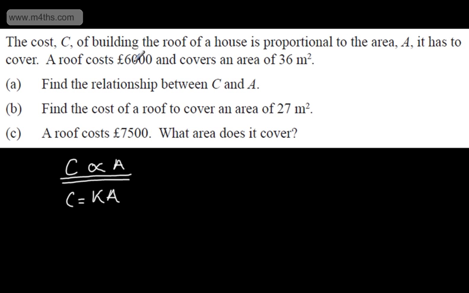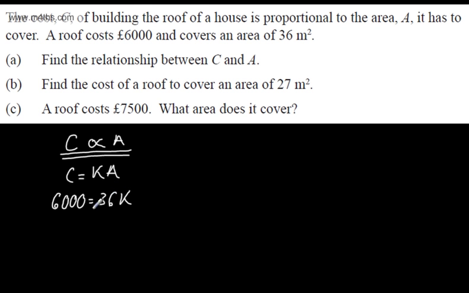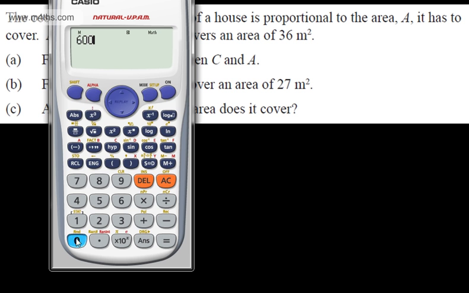I'm now going to substitute in what we call the initial conditions, or what we're given. So the cost is 6,000, so 6,000 will be equal to k multiplied by the area, which is going to give me 36. So to find k, we're simply going to divide 6,000 by 36. You can use a calculator for that. 6,000 divided by 36. We end up now with 500 over 3.